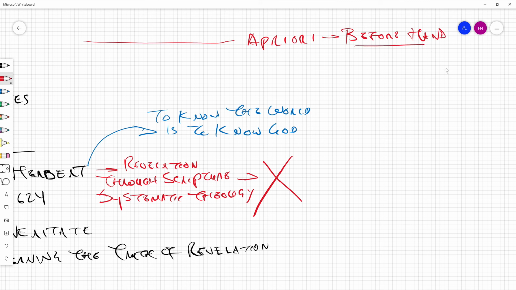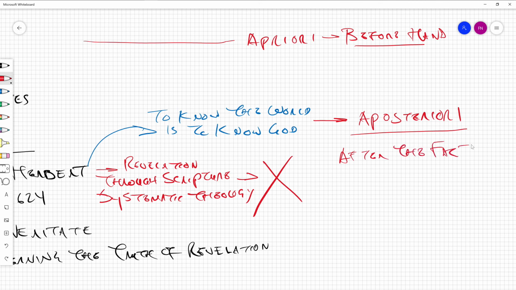That is to say, the view of the world found in Genesis or found in systematic theology, to a view of the world and human experience a posteriori, after the fact. What we know from experience. In effect, this is where the West split.